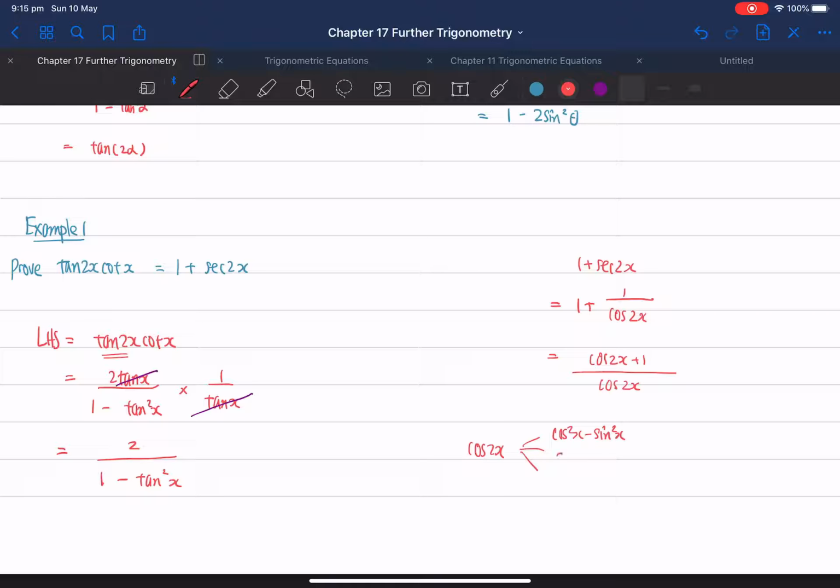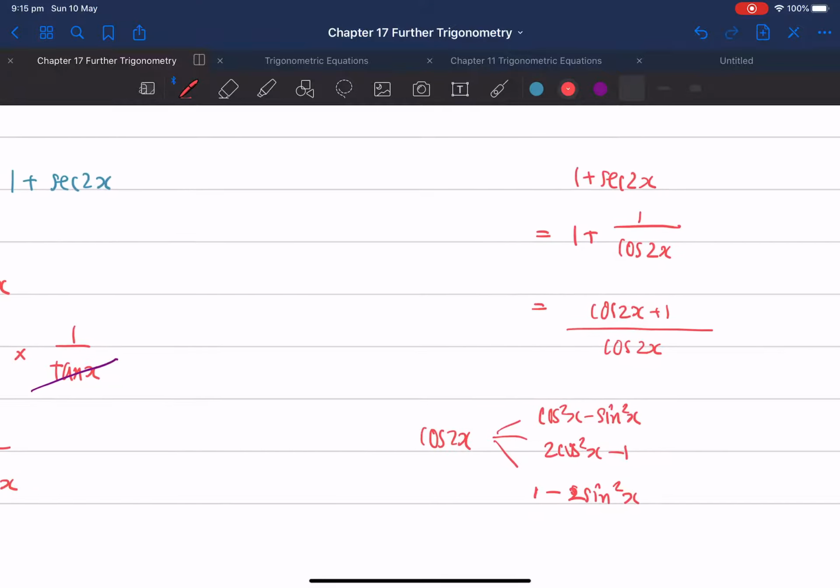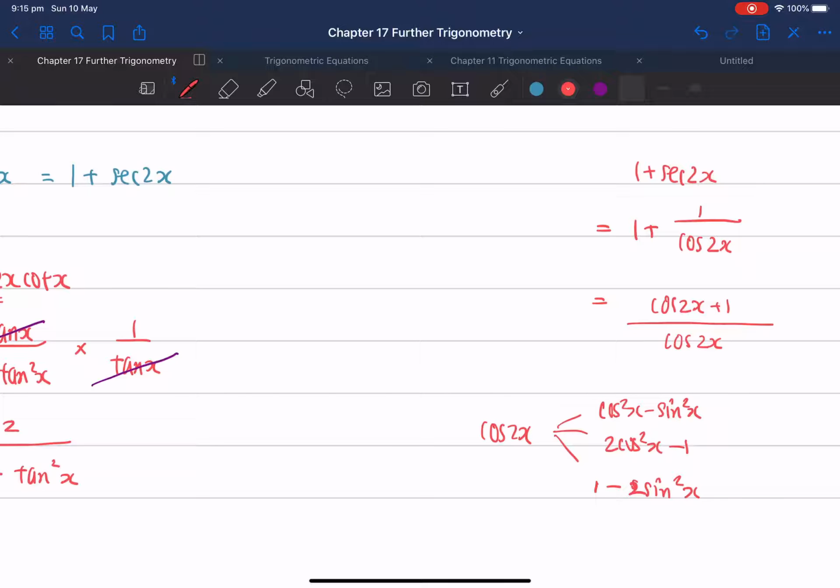The next one is 2 cosine square x minus 1. And the last one is 1 minus 2 sine square x. Now you have to think about which formula to use. That is always the harder part to think about. How do we know which one to use?